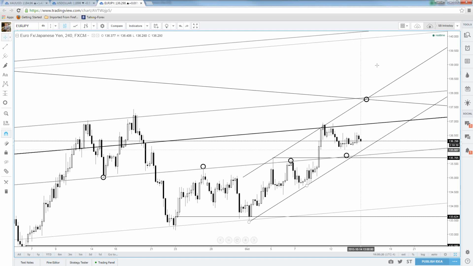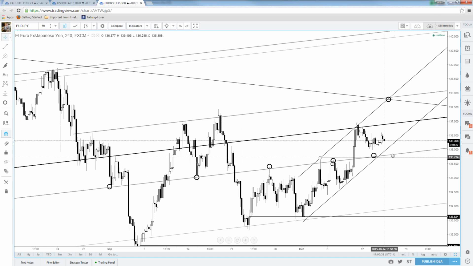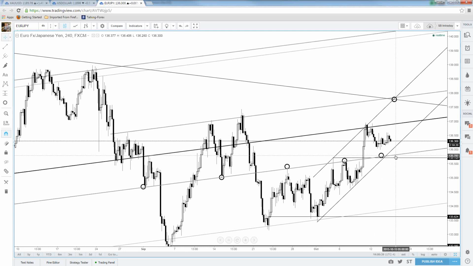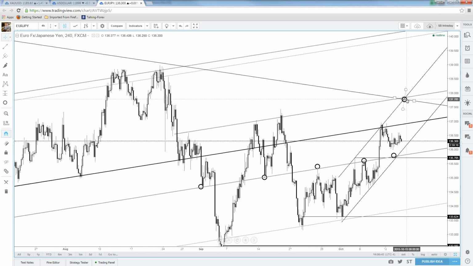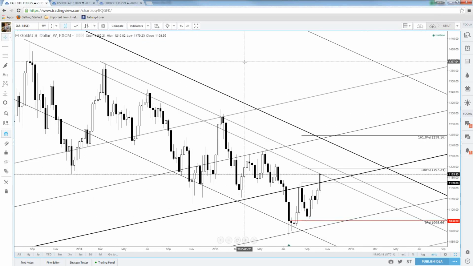So in any case, pure TA style, this sliding parallel is still support, in my opinion. It's really not that far below, like 135.80 at this point. It was 135.70 earlier in the week. So that'd be what I'm looking at there. And 138, or a little below 138, I should say, is still probably going to be resistance. So that's what we got for euro yen.